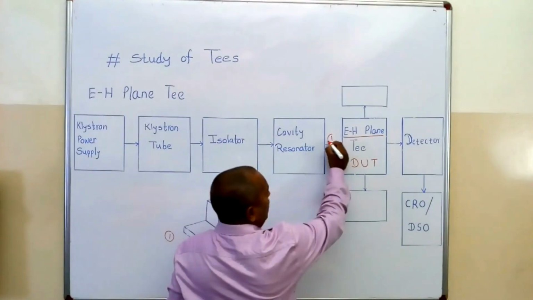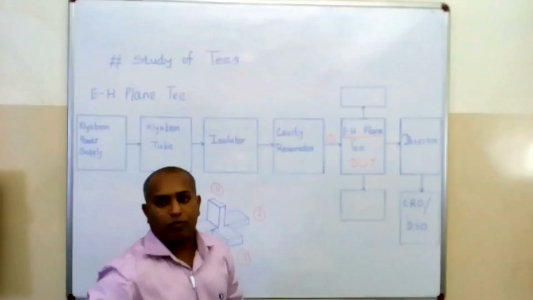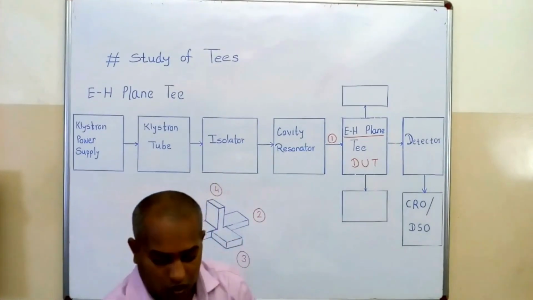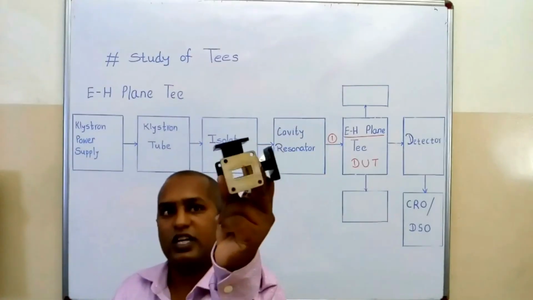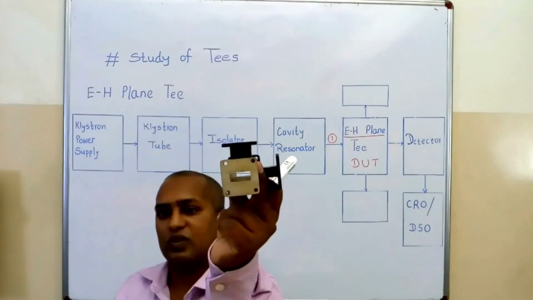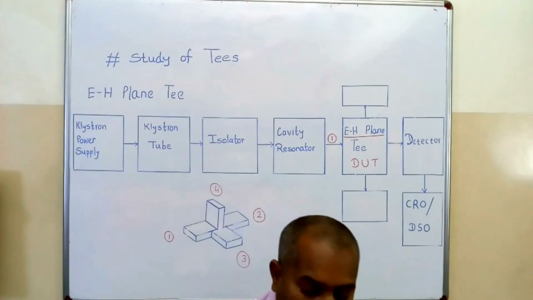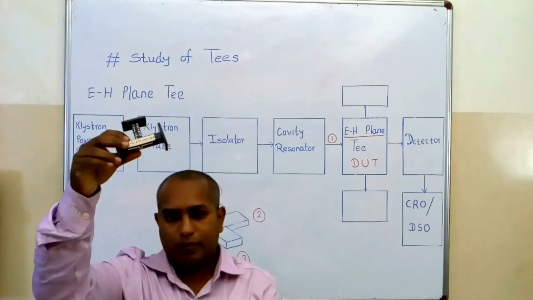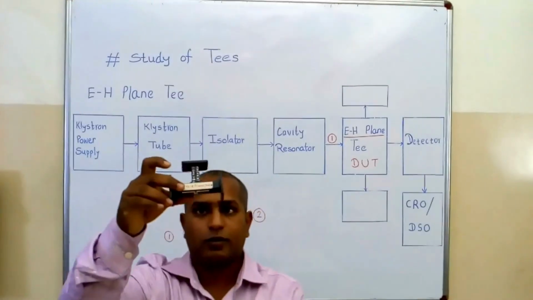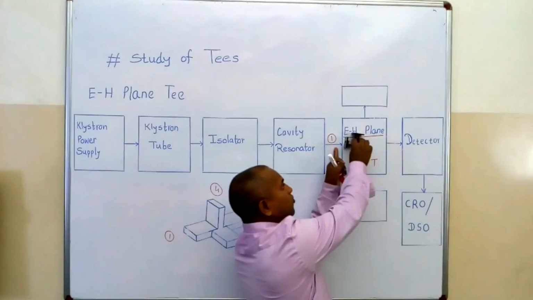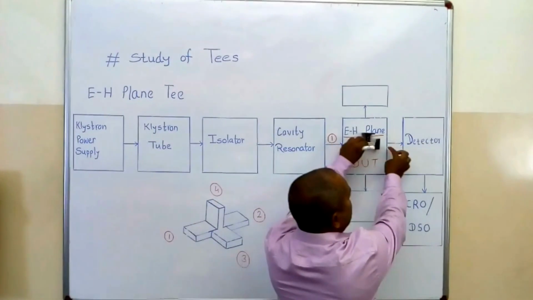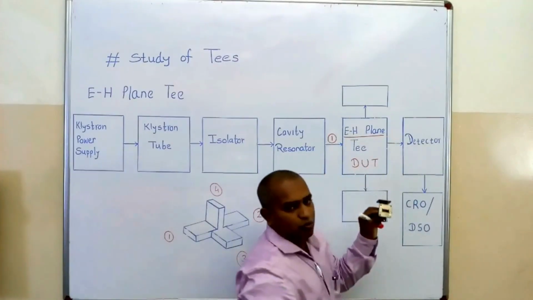If you look at your EH-plane T internally, it looks hollow. And we saw the operation of your E-plane T or H-plane T. There, when we apply some input to port 1, we always get the output across port number 2.